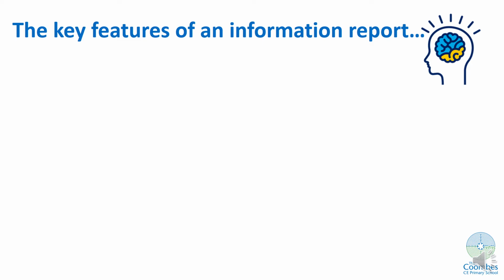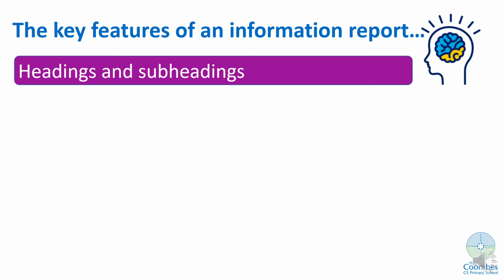Here are the key features of an information report, and you'll notice that lots of these are very similar to the features of a newspaper report that we looked at last week, but there are some key differences and we need to be really careful to spot those. First of all then, an information report will include headings and subheadings, and these are really important for the way the information is organised on the page.